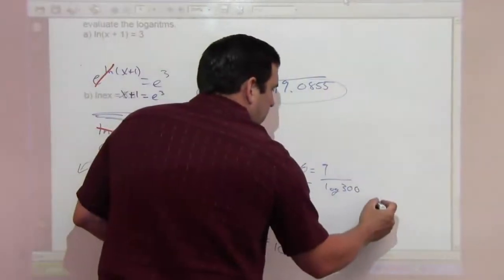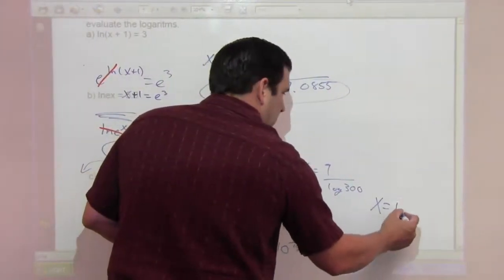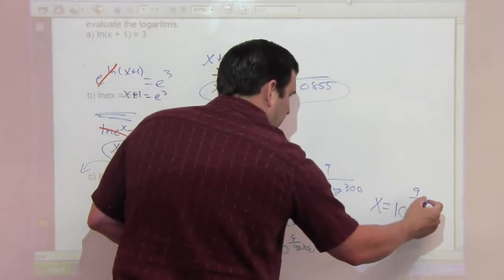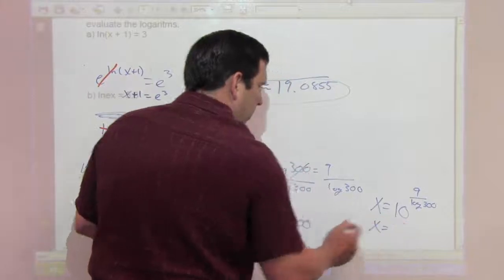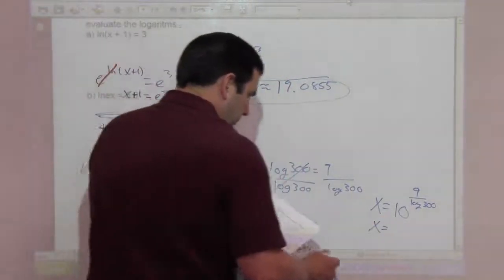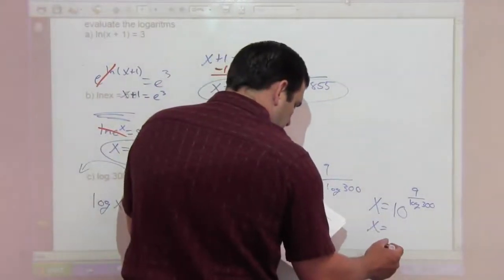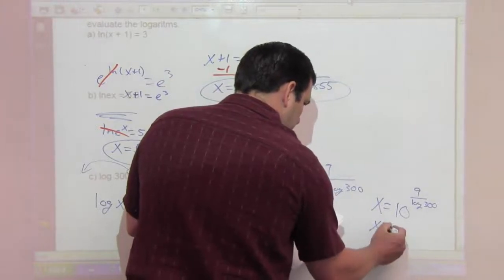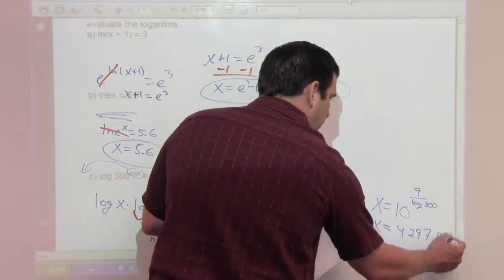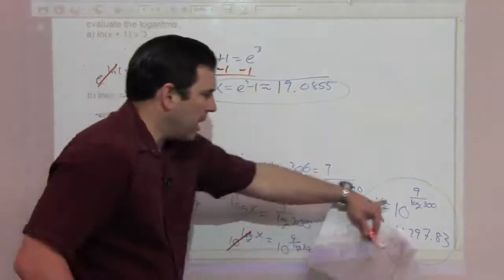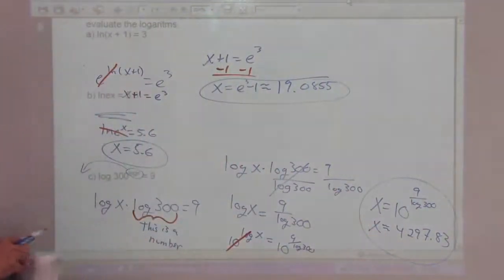So x equals 10 to the power of 9 divided by common log of 300. And that's going to give us approximately 4297.83. That's the approximation of the exact value.